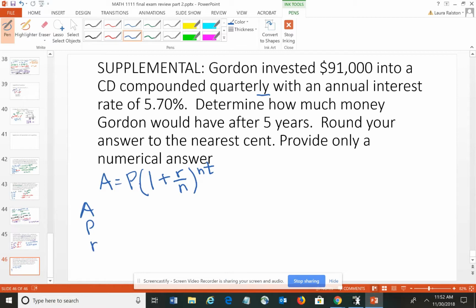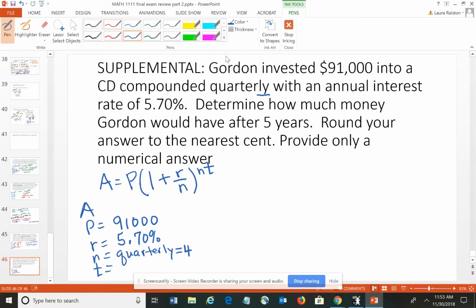And again, one of the first things I want to do is try to identify all of the information I have. It says that he deposits $91,000 into an account, compounded quarterly. Again, quarterly is the idea of every 3 months, so that's 4 times per year at 5.70%.